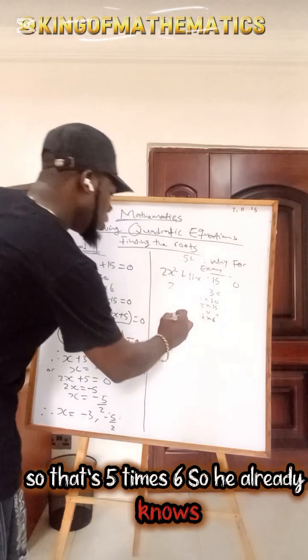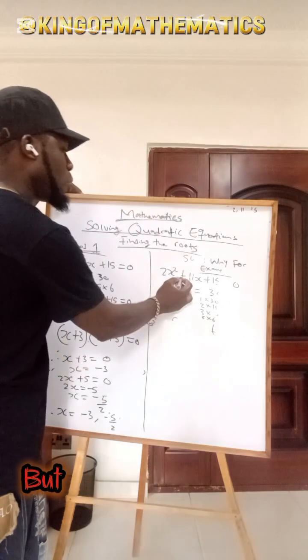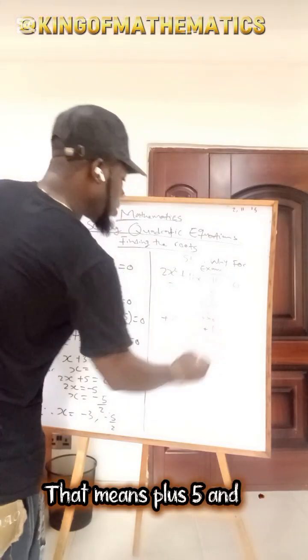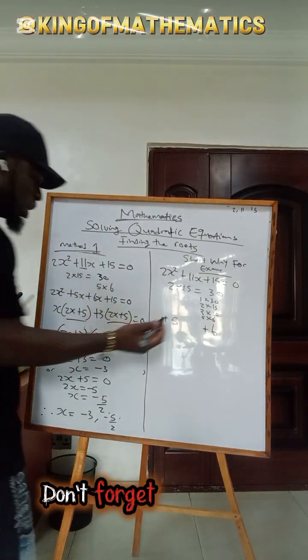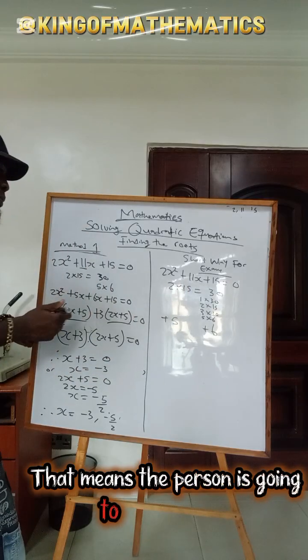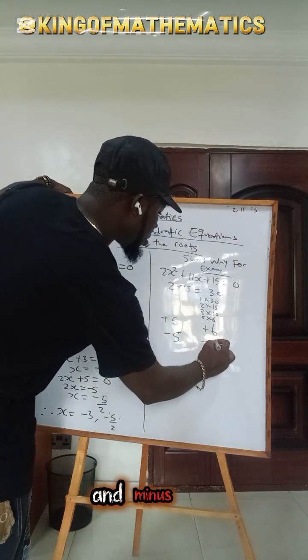So you already know, you are using 5 and 6. But what do we have here? Plus 11. That means plus 5 and plus 6. Don't forget, change the sign. That means the person is going to have minus 5 and minus 6.